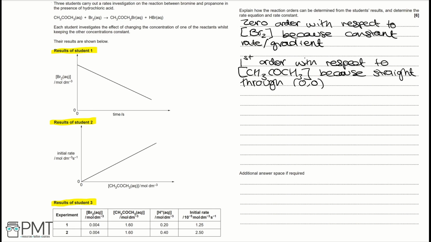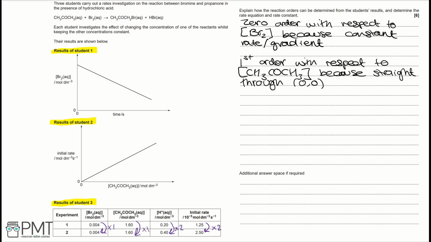That's what we've got here in experiments 1 and 2. Bromine is multiplied by 1, so it's not increasing at all, and the same can be said with propanone. However, the H+ concentration is doubling, so multiplied by 2. And when this concentration doubles, the initial rate also doubles.